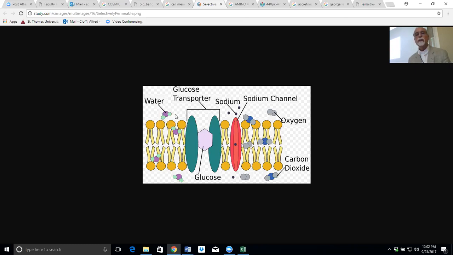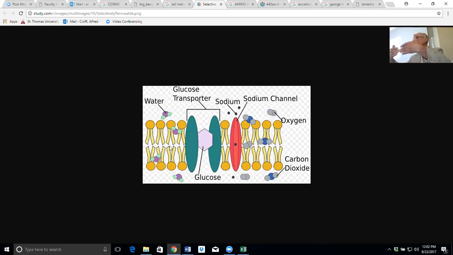It's going to be facing the water layer. Here's water, and here's water. But the legs of the phospholipid are hydrophobic. They don't like water. So they're going to hide, they're going to try to be away from water. And because they're neutral, they have no problem facing each other because they're not repelled.